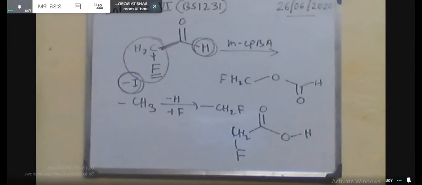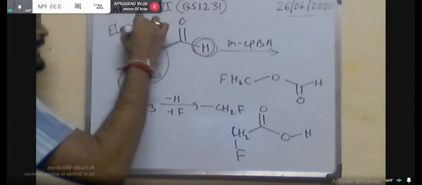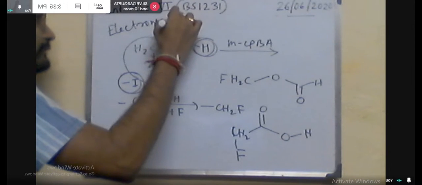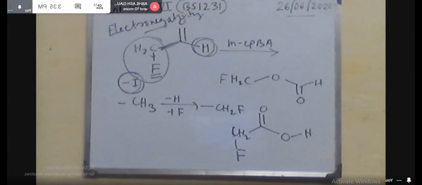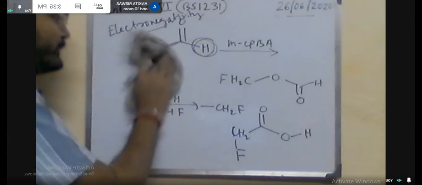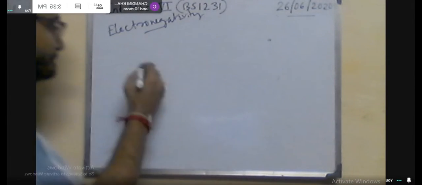In this case, if you perform the Baeyer-Villiger oxidation, here you will get the product. Phenyl has higher migratory aptitude than methyl. Phenyl has higher migratory aptitude than methyl. So the product will be the ester.